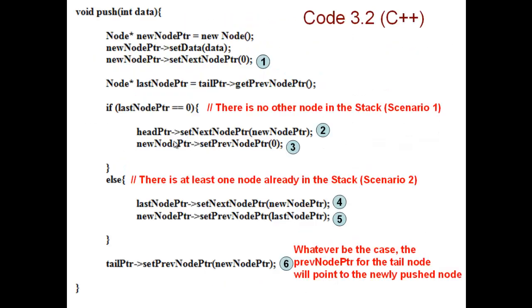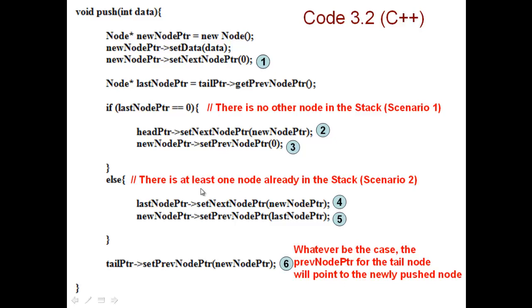So if last node pointer is null, that is one scenario: when we are doing the push operation, there's no other node in the stack. That means the stack is currently empty and you are pushing that data to an empty stack. So that is one scenario that we have to deal with. If the last node pointer is not null, that's a different scenario.